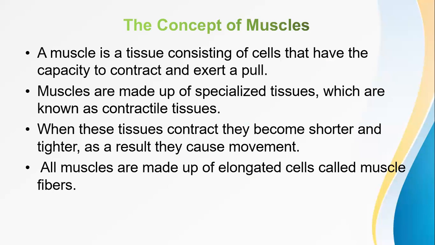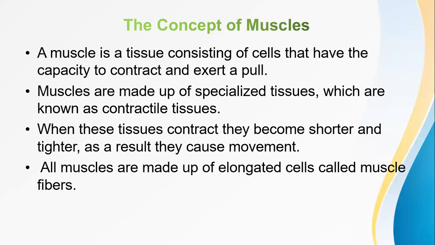Muscles are made up of specialized tissues known as contractile tissues. When these tissues contract, they become shorter and tighter. As a result, they cause movement. So the contraction of these tissues is what makes up movement within an organism.